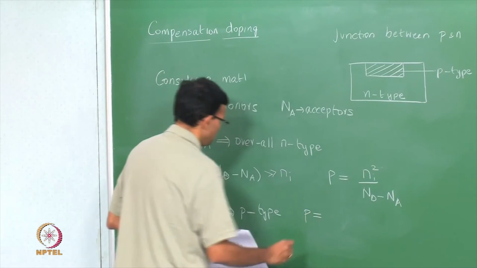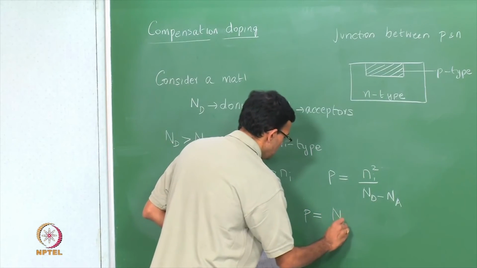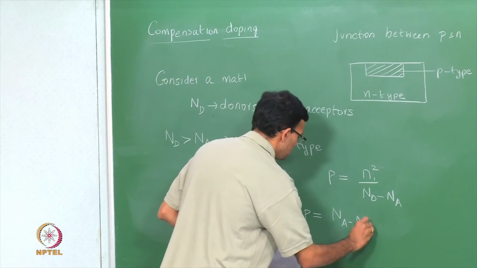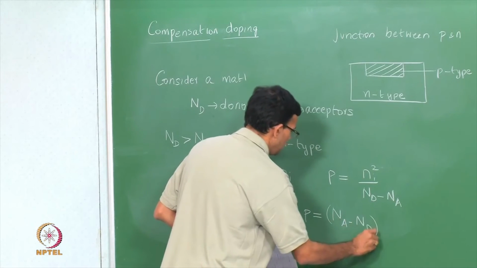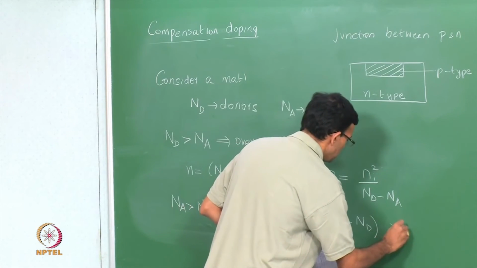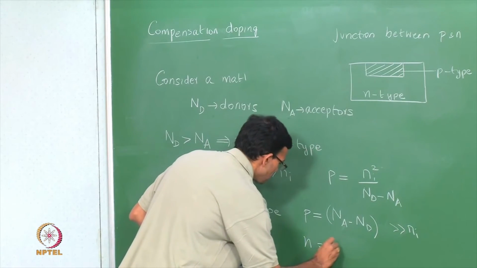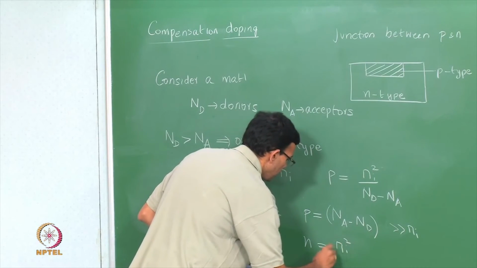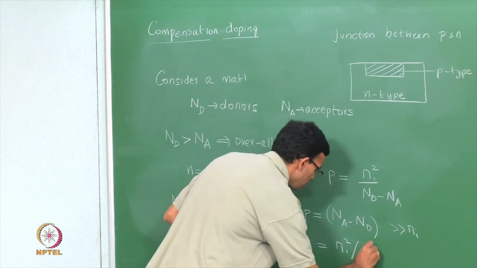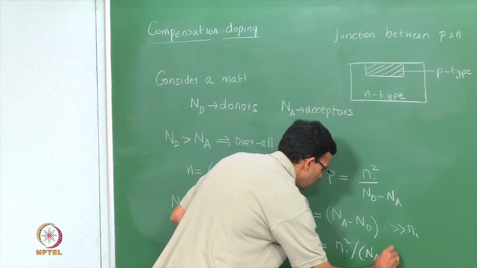Concentration of holes is nothing but Na minus Nd, which is greater than Ni, and n is Ni square over Na minus Nd.